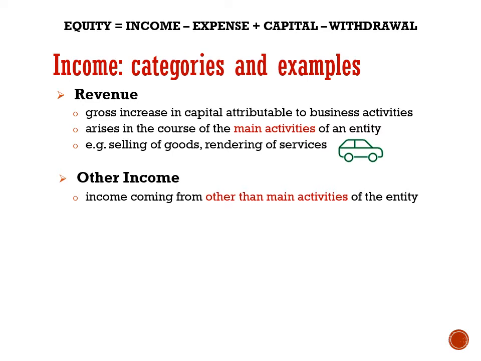So if selling cars is the main activities of a business, and it has extra space in the office that is unused, and it rents it out to external party, the rental income is categorized as other income and not revenue, even though both will result in inflow of money to the business.